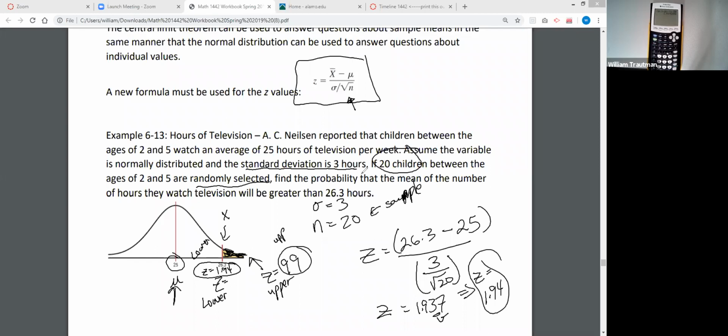So don't forget, we have to use our calculator to do this, and to find the area, you have to do second vars, number 2.